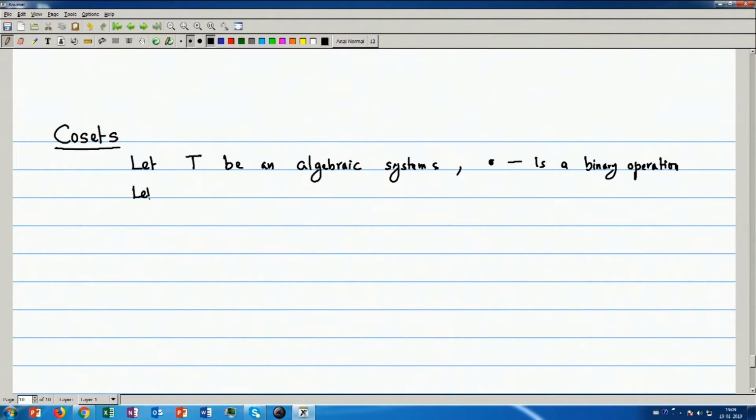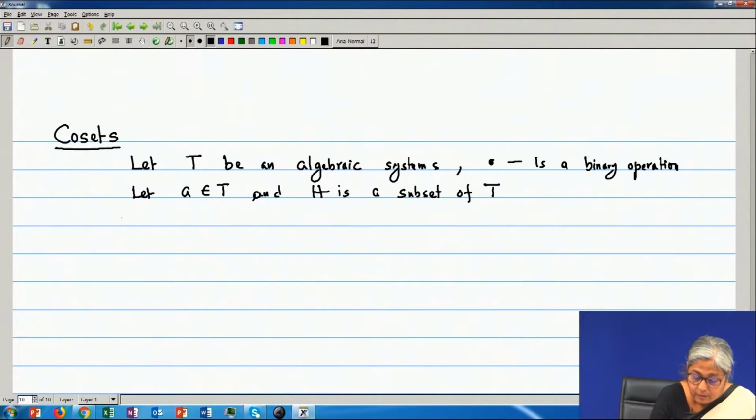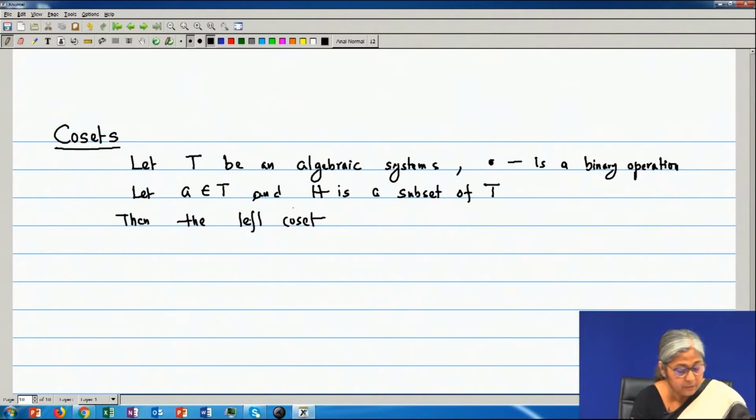Now, let A belongs to T, and H is a subset of T.